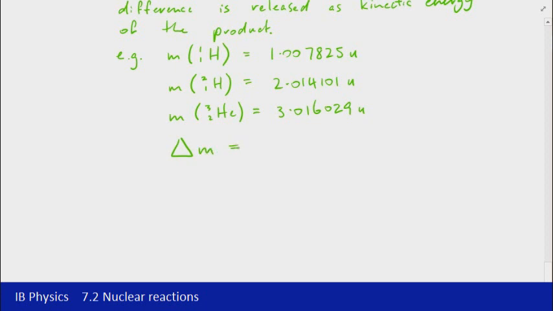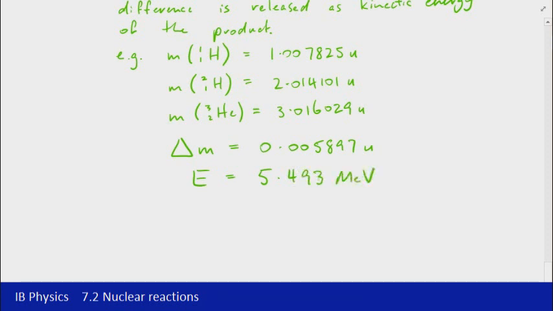Now if you find the difference in mass in that case, I'm not going to write out the full calculation. You can see we're basically taking the sum of the top two and subtracting the bottom one from it. We'd end up with a value of 0.005897 atomic mass units. And if we use our shortcut calculation to figure out what the energy is, multiplying that amount of mass in atomic mass units by 931.5 mega electron volts, we get a value of 5.493 mega electron volts.